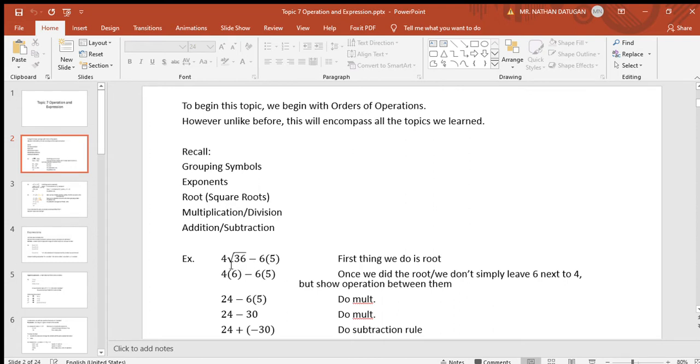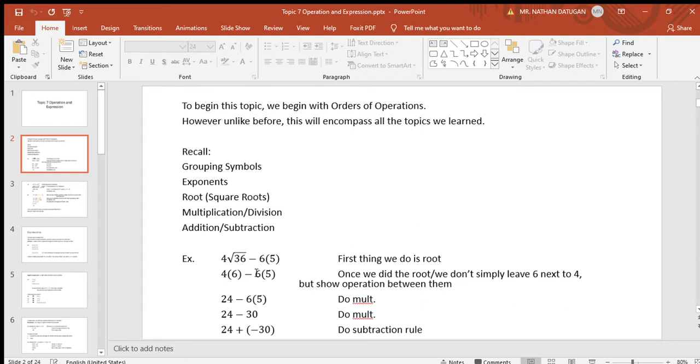So let's have 4 square root of 36 minus 6 times 5. Again, orders of operation: there's no grouping symbols, there's no exponents, but there is a root. In this case, this is square root of 36, which is 6.